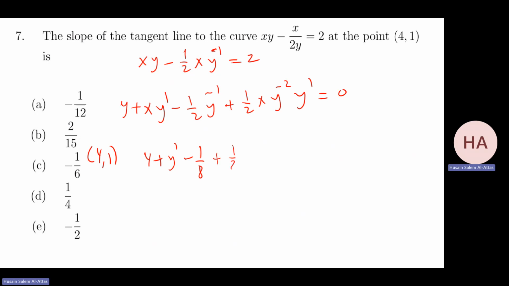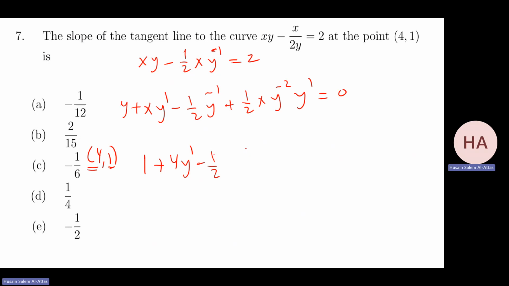Plus half. No, wait a minute. y is 1, not 4. The point is (4, 1). So this is 1 plus 4y prime minus half. y is 1, x is 4.